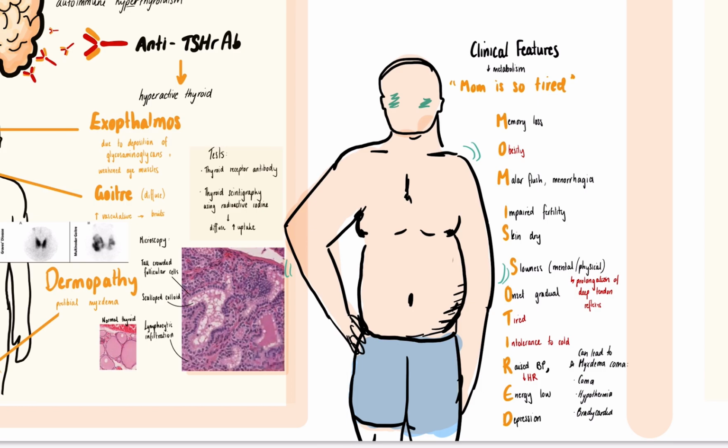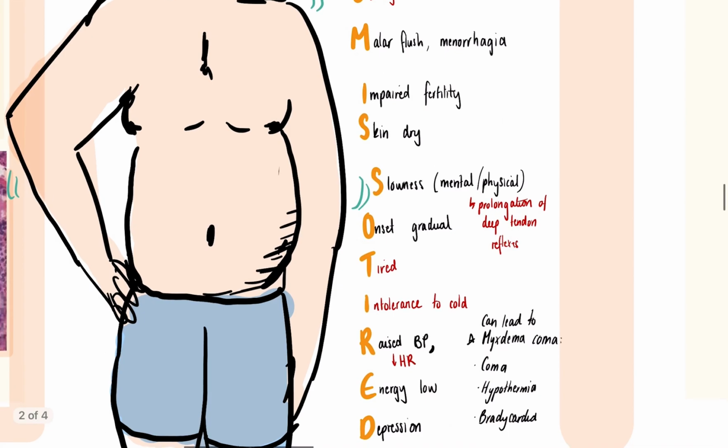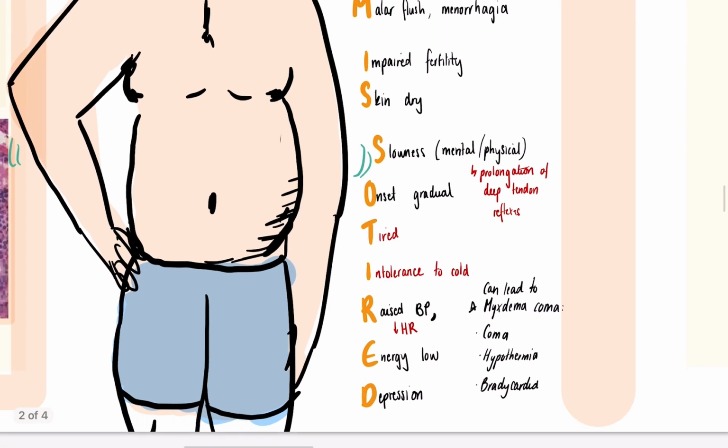And this can be remembered by the acronym Mum is so tired. This stands for memory loss, obesity due to decreased metabolic rate, malar flush and menorrhagia, impaired fertility, dry skin as opposed to sweating in hypothyroidism, mental and physical slowness, including prolongation of deep tendon reflexes, a gradual onset.